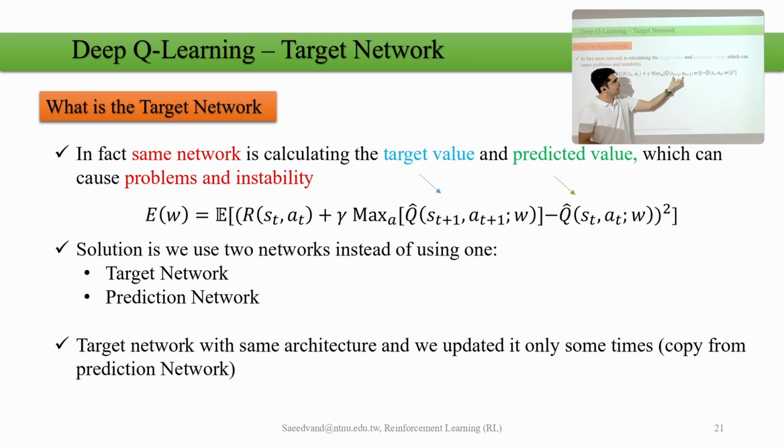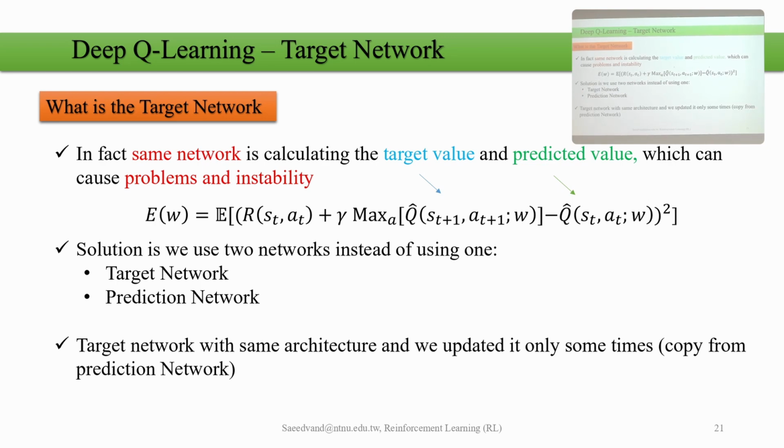The target value was this part, and the predicted value was this part. So this was the prediction network, and the target value, we wanted to achieve this part over here. So we can use two networks instead, a target network and a prediction network for each one, target and prediction.